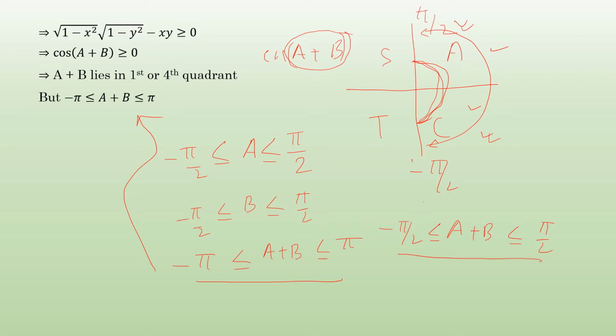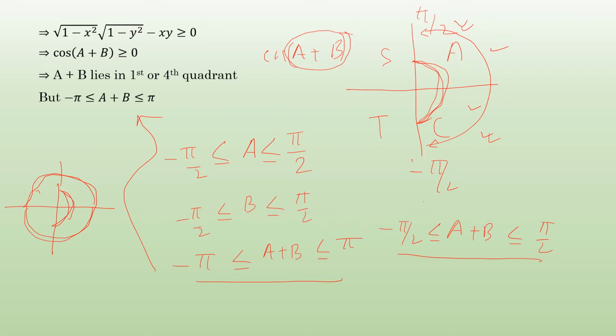This is from minus pi up to plus pi. Minus pi up to plus pi means where to where? You see here, minus pi is this, and plus pi is this, that is a complete rotation or revolution. And minus pi by 2 up to plus pi by 2 is in this portion. So our common section is from minus pi by 2 up to pi by 2.